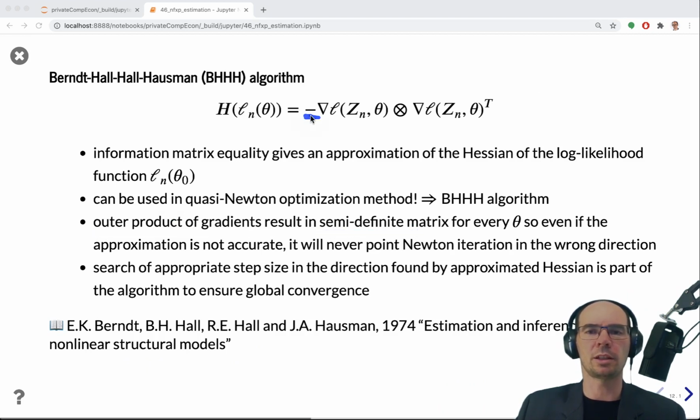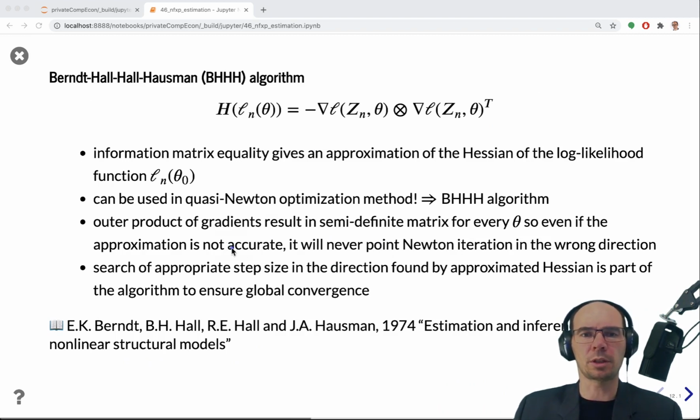We have a minus here, so it's a little bit risky to say whether it's positive or negative semi-definite, but I can tell you that the Hessian approximated with BHHH will always point in the right direction to the increase of the likelihood function.